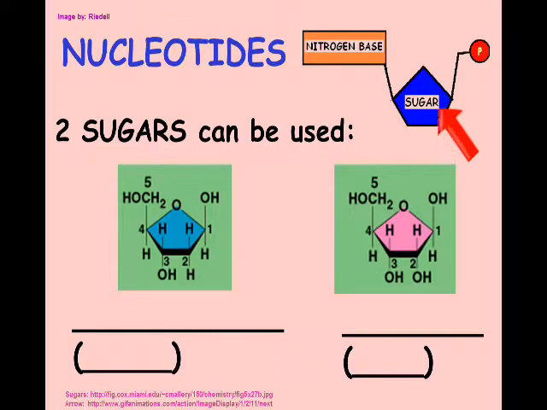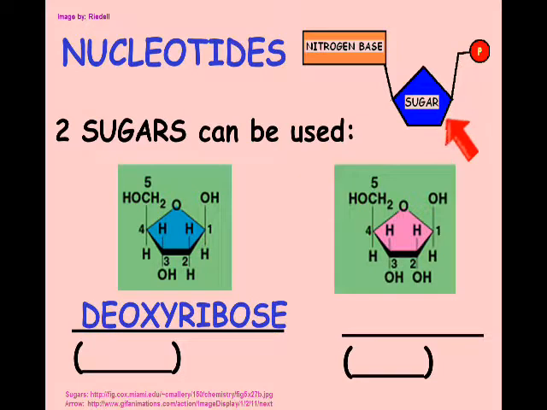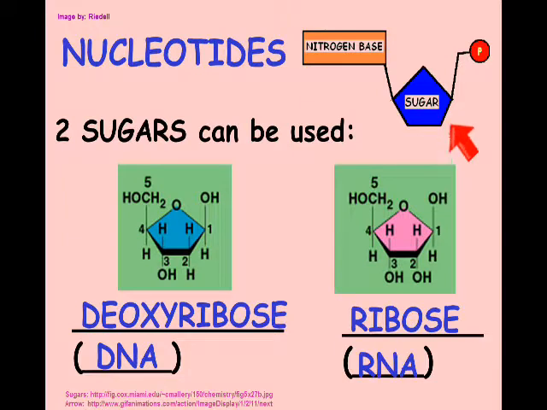So if I'm going to use that basic nucleotide shape, in the sugar spot, my choices for putting in that spot are this sugar. It's called deoxyribose. And if I'm going to make a DNA molecule, that's the sugar that's going to go into that sugar spot. If I want to make an RNA molecule, I'm going to use a different sugar.